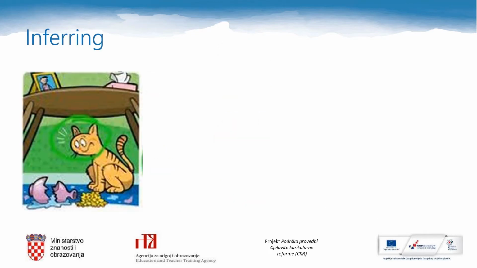Let's move to the next word, inferring. Do you remember what this word means? To infer? Yes, it means заключити. So by looking at the picture in the slide, what can you infer?